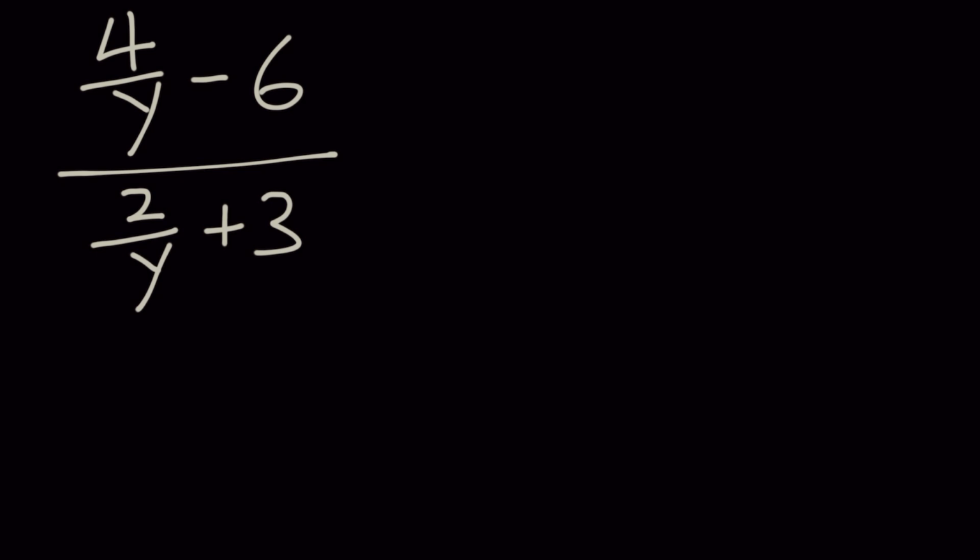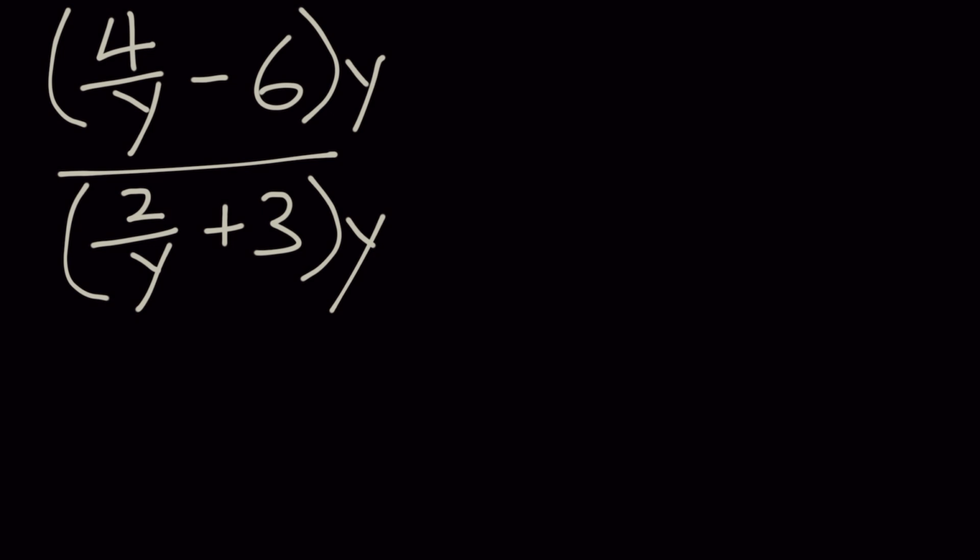Let's try another one. In this scenario, we see that we have denominator y, so we're going to multiply both numerator and denominator by y. Just like the last problem, we're going to do distributive property.